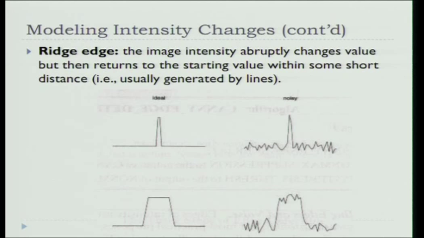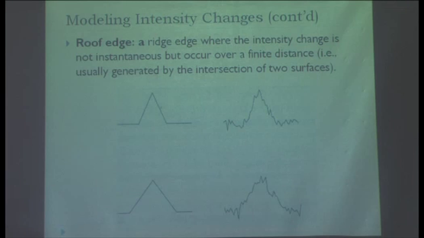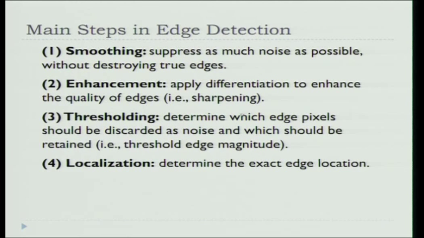There is a term roof edge, it is also ridge edge, but it is not suddenly sharpened. After a small time it comes back, it retains for a little longer duration, then comes back to the constant intensity level. So, roof edge belongs to ridge edge only, the only issue is that here it retains a little longer period.